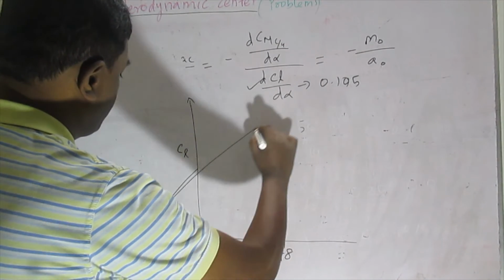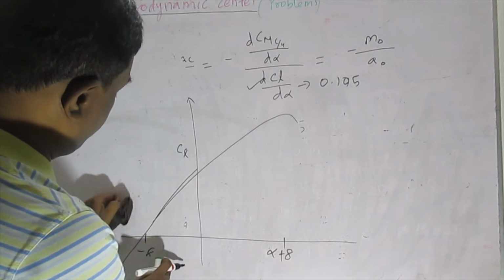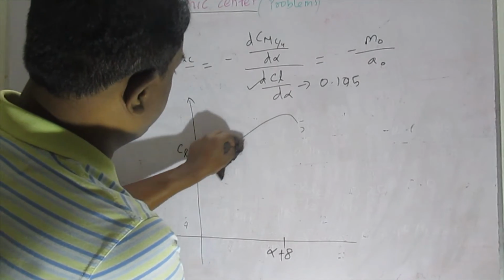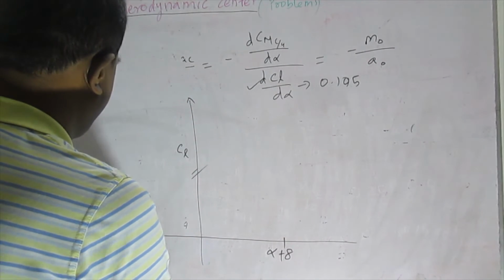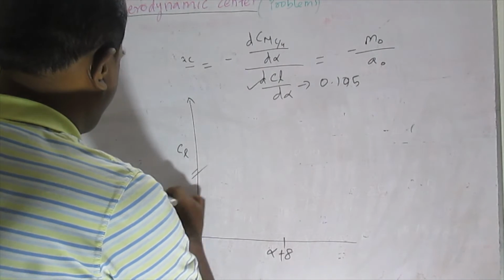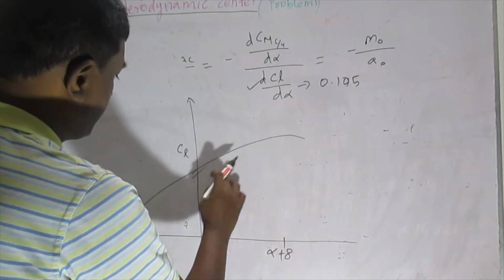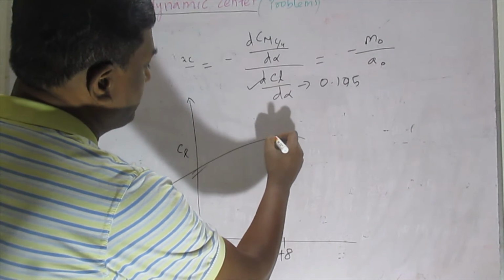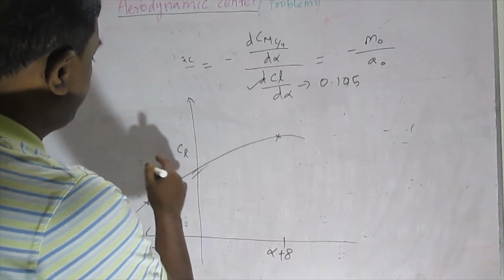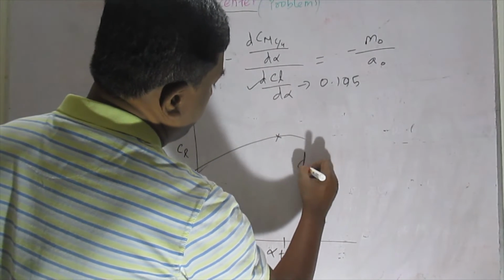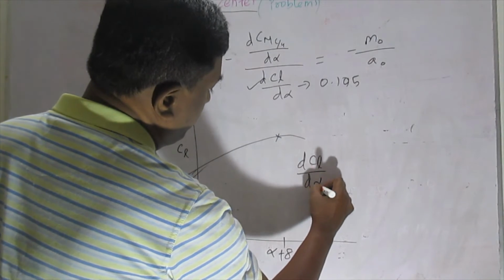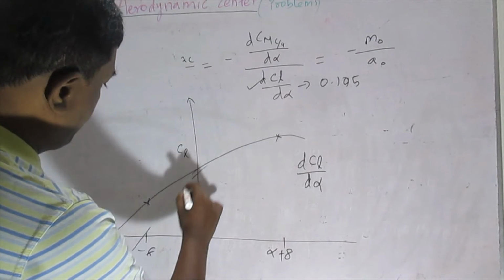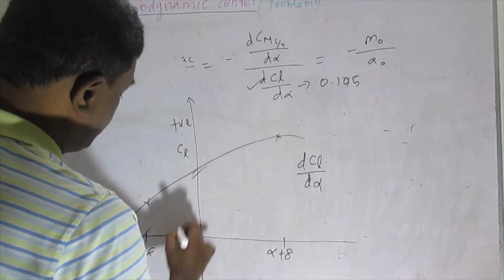Based on this graph, we got the values, something like this. The graph was not like this, it is something different. So this helps us find dCL by d alpha from the Theory of Wing Sections book, because this is positive and this is negative.